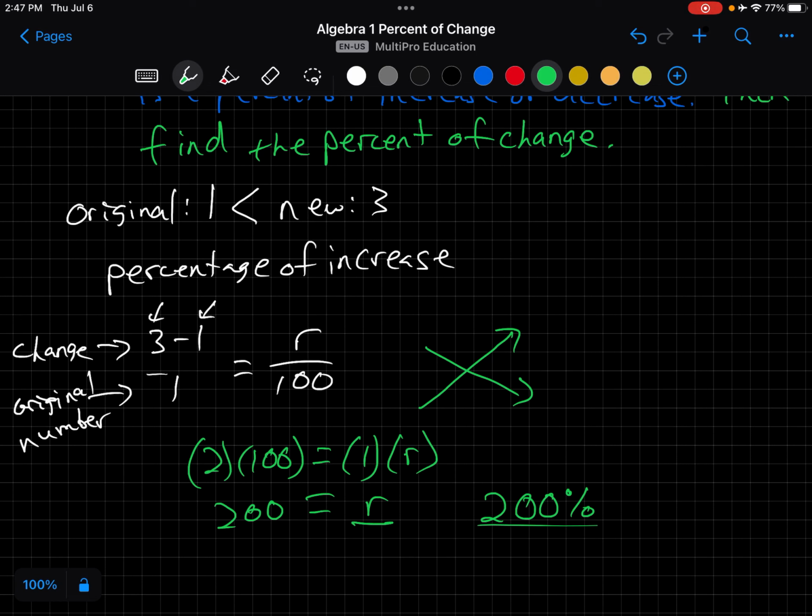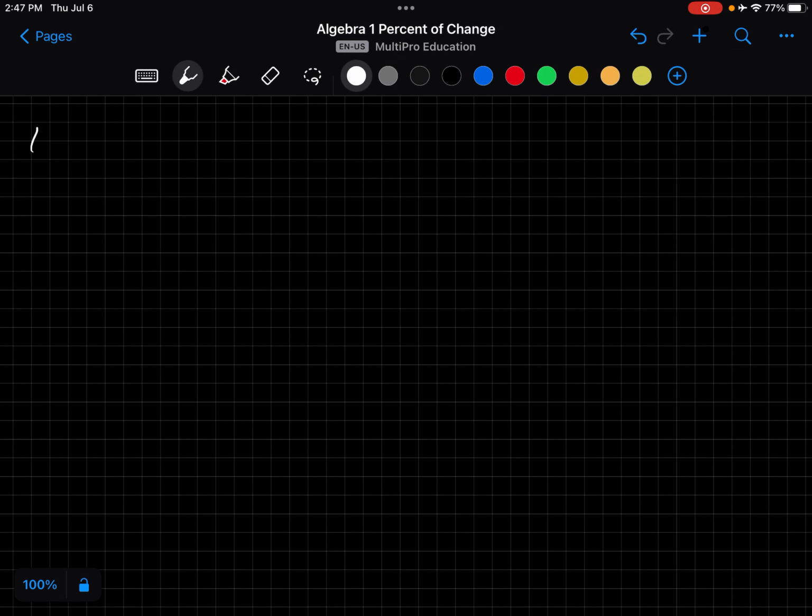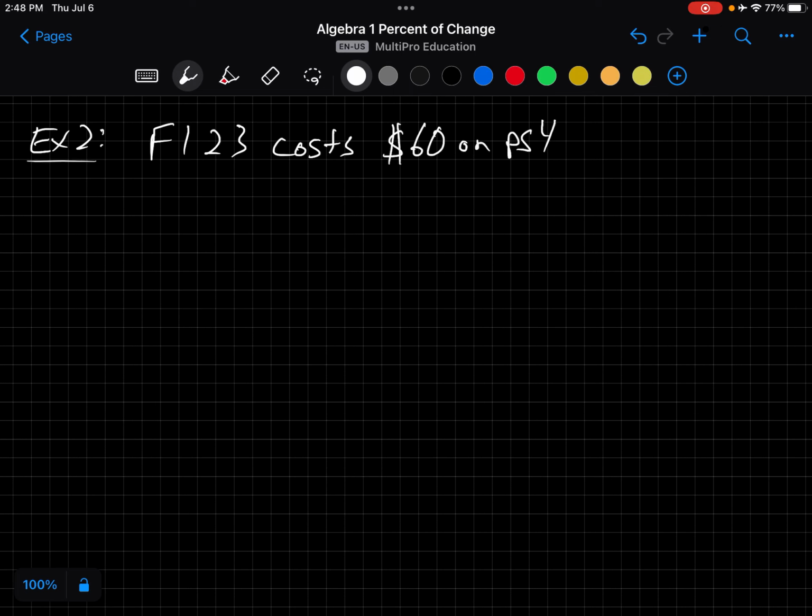Okay, let's look at another example. Example 2. Y'all are getting lots of good examples today. So we have a video game here, F1 23, and that is Formula 1 2023. It cost $60 on PS4. Okay.